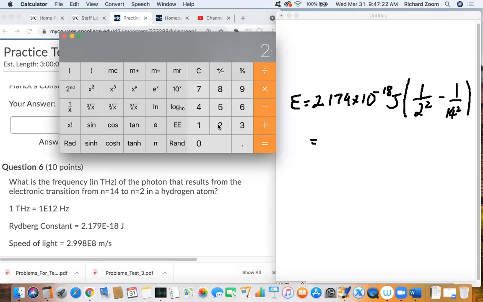Okay. Clear. 4 minus 14. Okay, so that's the part in the parentheses. Oops, clear that. I think I hit it twice.